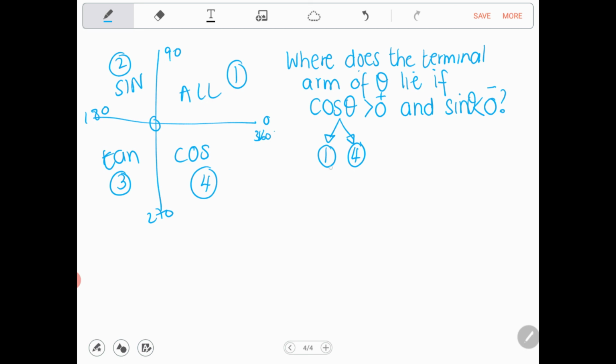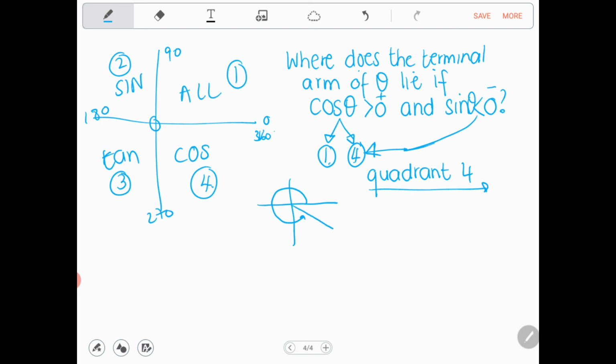Can't be in quadrant 1 because sine's positive there. In quadrant 4, only cos is positive, so sine is going to be negative in quadrant 4. So the terminal arm is going to lie in quadrant 4. Which means that if we were drawing this angle, it would start there and it would stop there in quadrant 4. That is what my angle would look like. That would be a quadrant 4 angle.